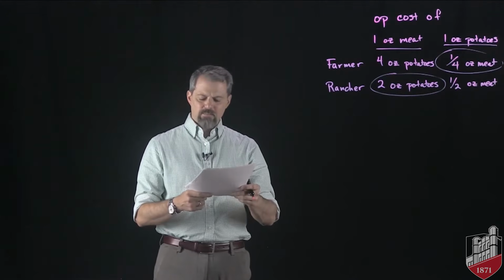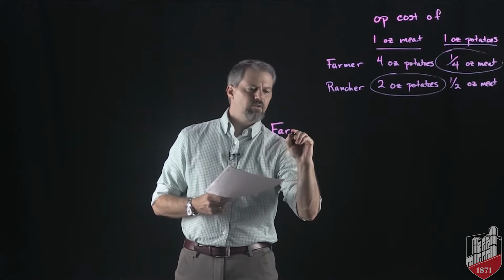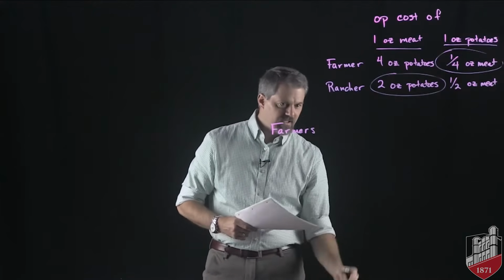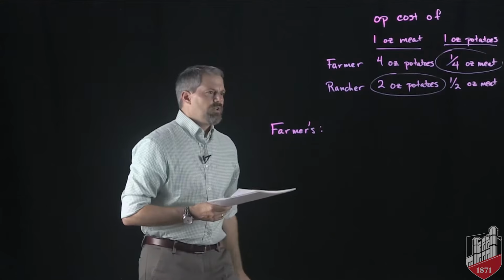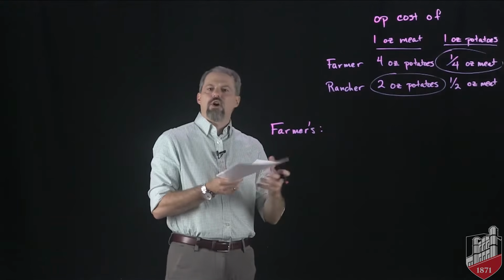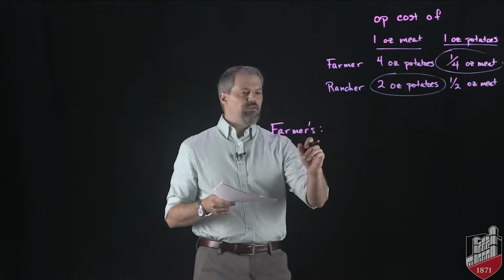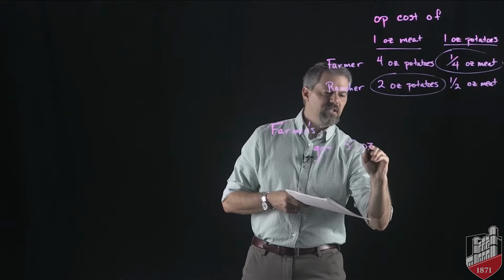So let's start with our farmer. Let's take the farmer's perspective and look at the price that the farmer is paying for the meat that they're getting. So the farmer got 5 ounces of meat.